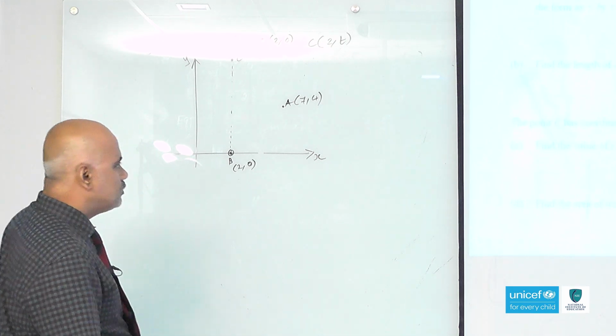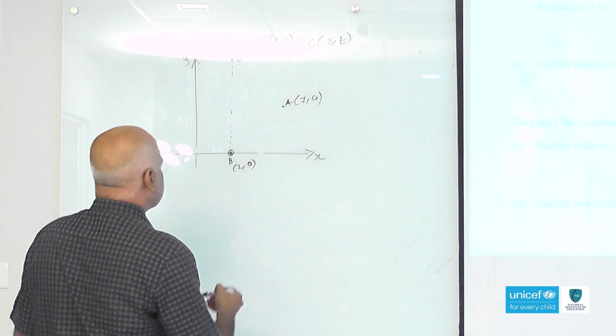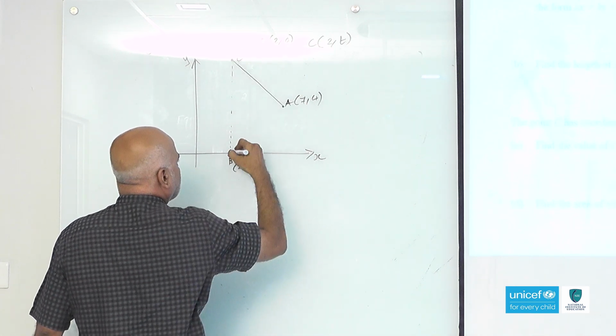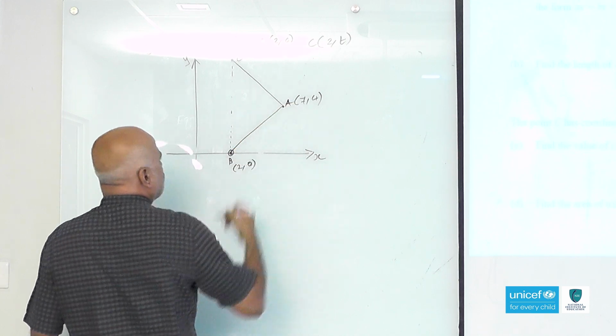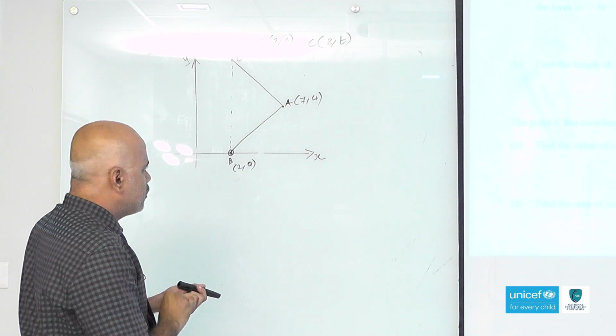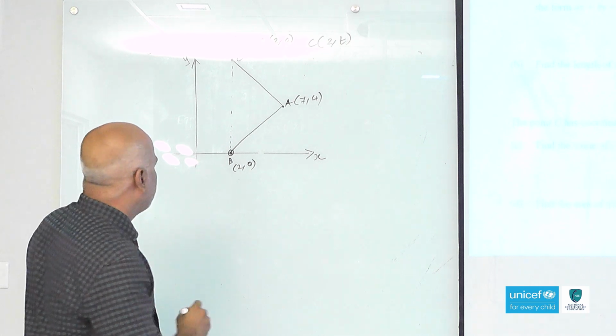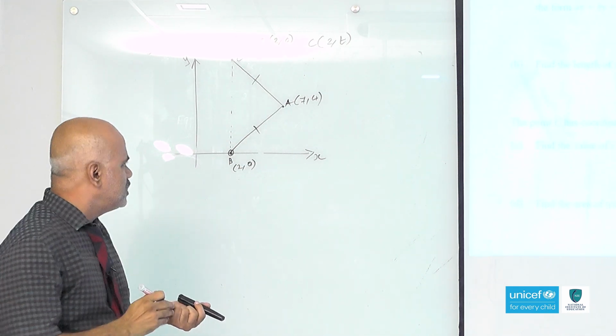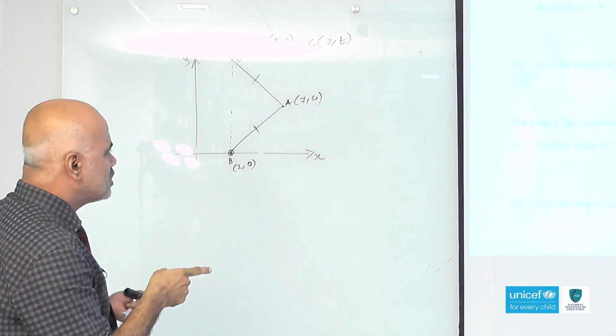Next, you try to draw the triangle. So that means the next point is what? AC is equal to AB. That means AC is equal to AB, which means what? An isosceles triangle.